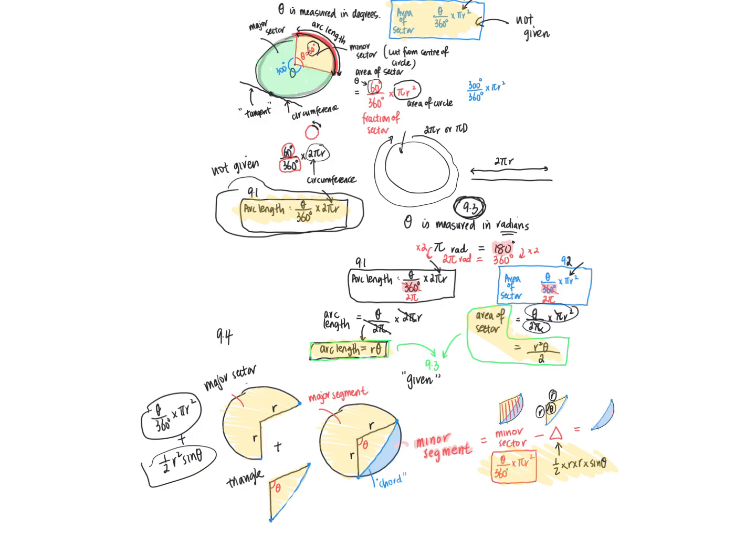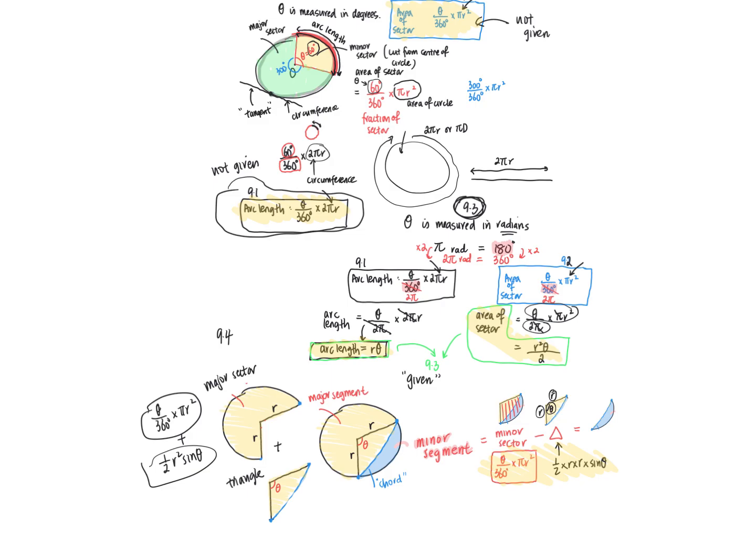When theta is in radians, remember 2 pi is 360 degrees, or pi is 180 degrees. This is the unit of conversion. So this formula becomes just r theta, and this formula becomes r squared theta divided by 2. It's the same formula, just that you change the 360 to 2 pi and simplify.